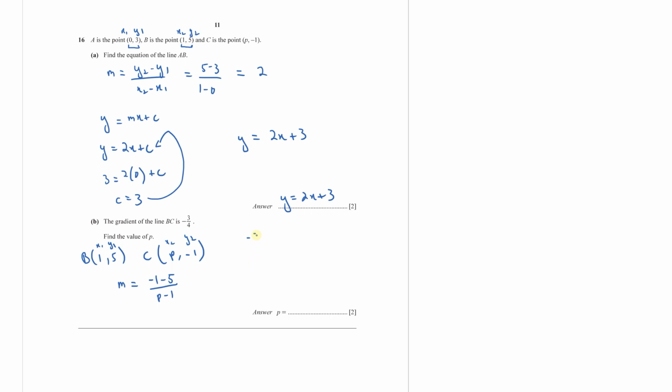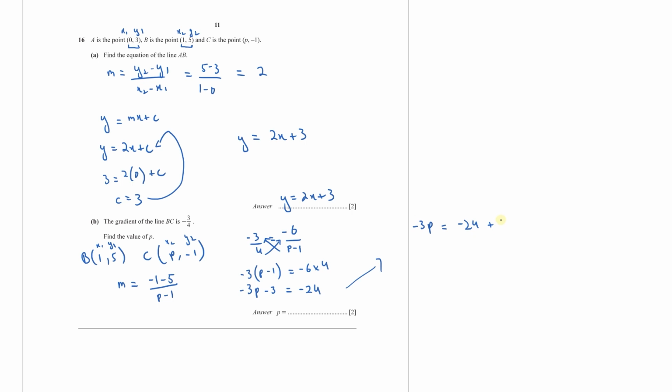So -3/4 equals -1 minus 5, which is -6, over p minus 1. So I cross multiply here and then here. So I get minus 3 times p minus 1 equals minus 6 times 4. So this is minus 3p plus 3 equals minus 24.